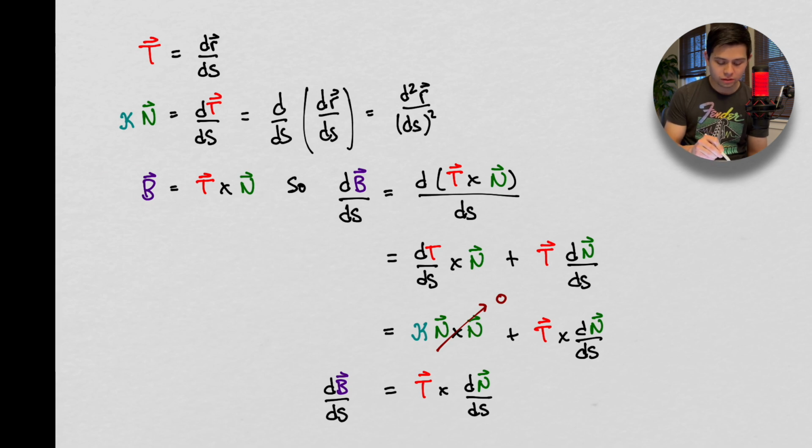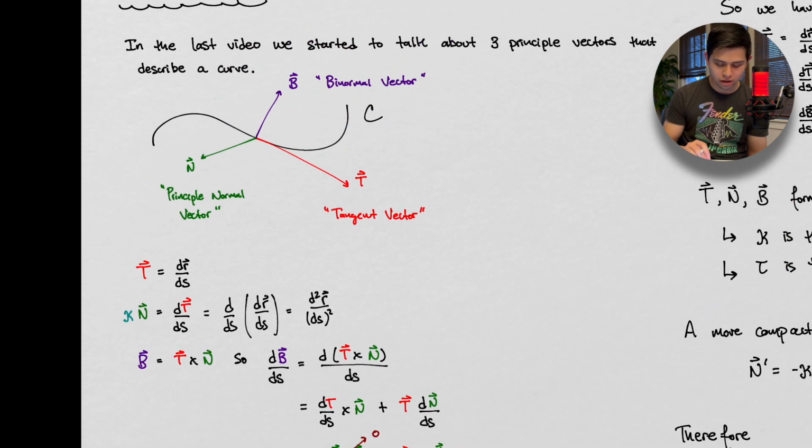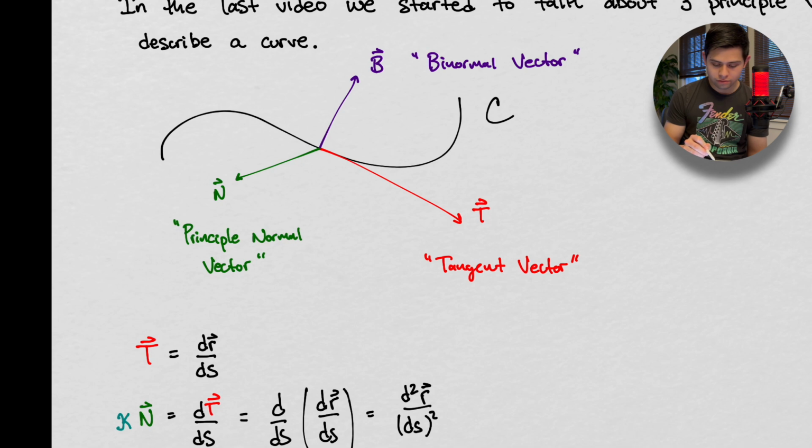B is the binormal vector. The binormal vector is going to be the cross product of the tangent and the normal.